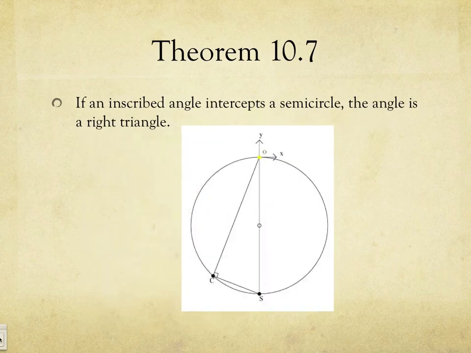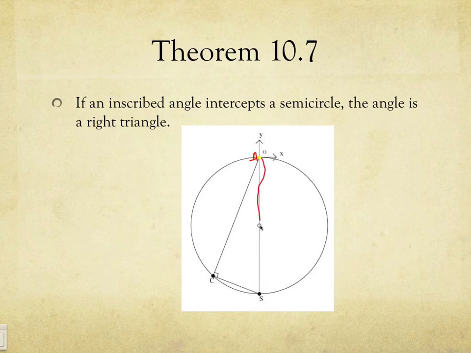It also tells us that if we have a special inscribed triangle where our inscribed angle intercepts a semicircle, the triangle is going to be a right triangle. So for instance, let's call this point A, and we have S here.